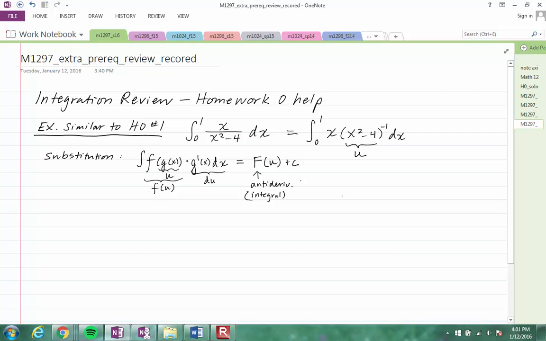So that was sort of what I was thinking about when I was trying to identify the u, and the derivative kind of is present. 2x, without the 2 it's x. This is going to work, probably. Alright, so anyway, my u is x squared minus 4, so kind of the things I was saying, we're going to actually pursue this now because it seems like it's a good thing.